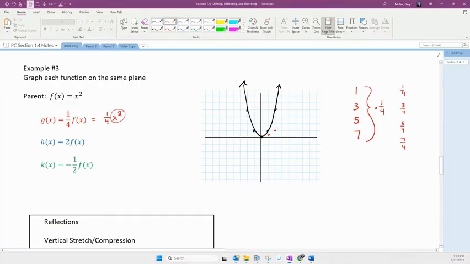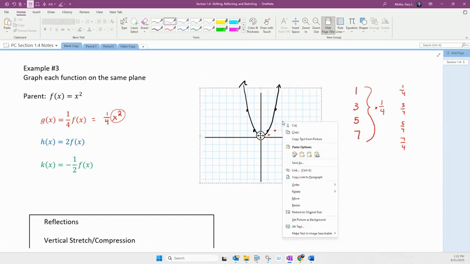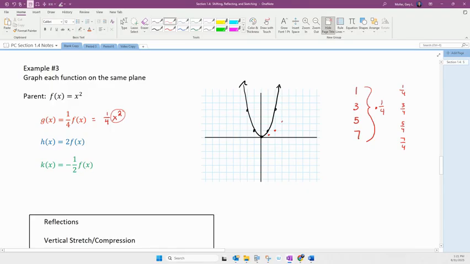That should be right here. 5/4, which should be a fourth up here, right? And so what I end up getting is this parabola that has shrunk. The heights of this parabola are now a fourth of what they used to be.